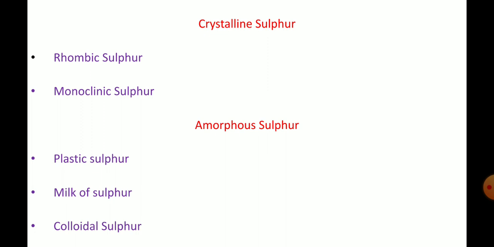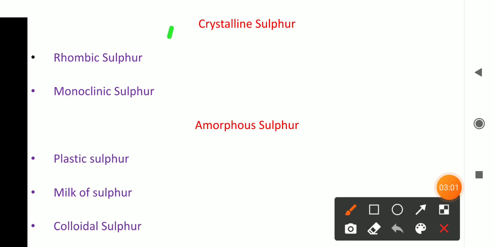This rhombic sulfur can also be called alpha form, whereas this monoclinic sulfur can also be called beta sulfur.